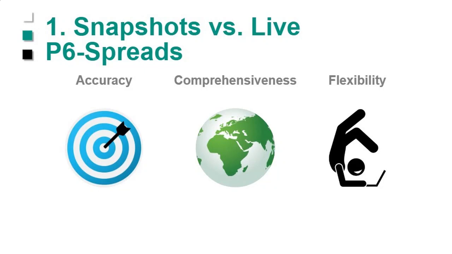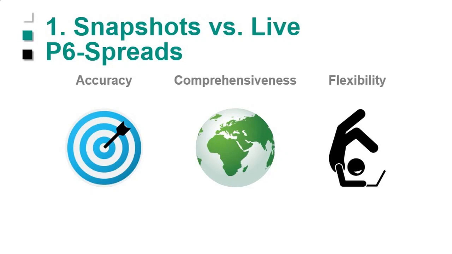They decide what data they want to push into those snapshots. So they're comprehensive. They take all the data at the corporate level, so enterprise, the EPS, the OBS, the WBSs, the codes. So it takes all the data that you want. Okay, so we have choices. You don't have to take things that you don't use or that you don't think you're going to report on, but it's comprehensive.